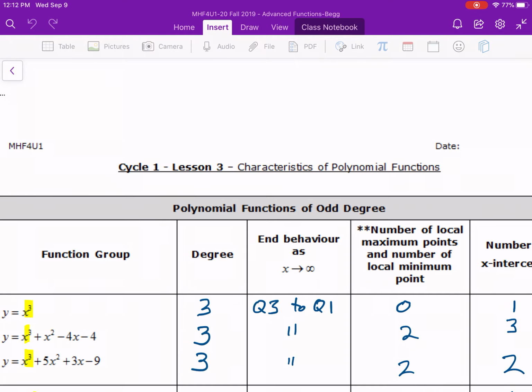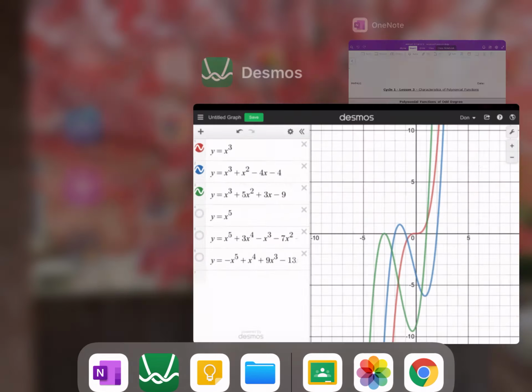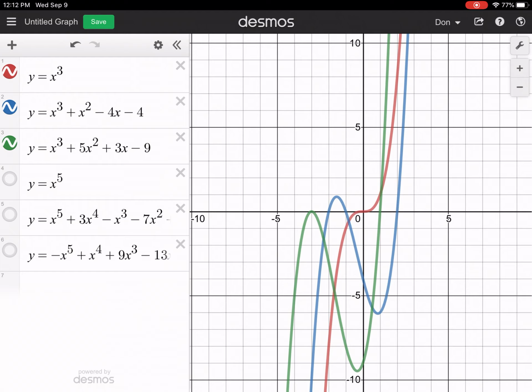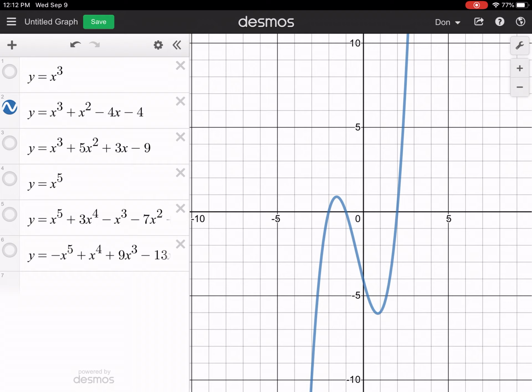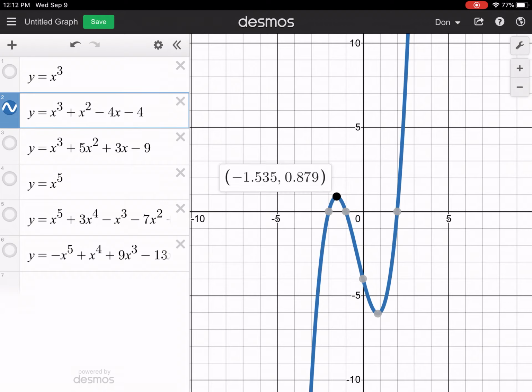So let's go back and look at this graph here. Let's take a look at the blue one, maybe easiest to see. This blue graph has got a local maximum that I've just highlighted here at negative 1.5, and 0.88-ish. It's also got a local minimum, for this one I just highlighted at 0.87 and negative 6.1.